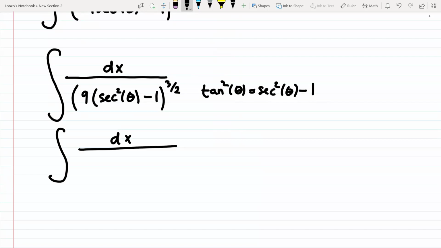So this is one of your trig identities. What you can do is replace secant squared theta minus 1 with tan squared theta. Remember, this is still all raised to the 3/2.